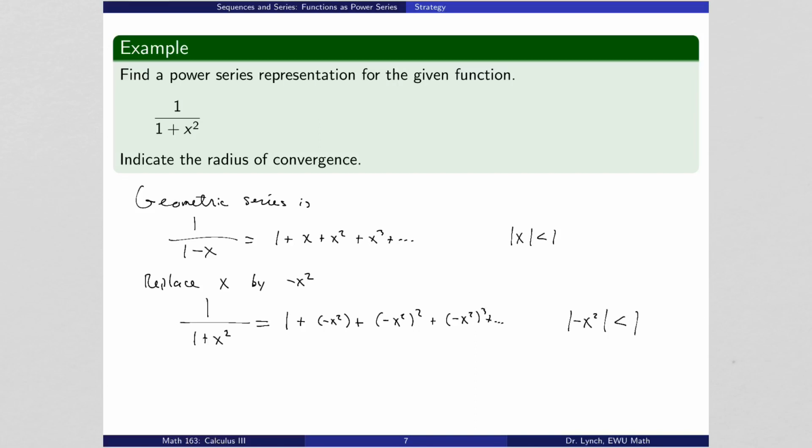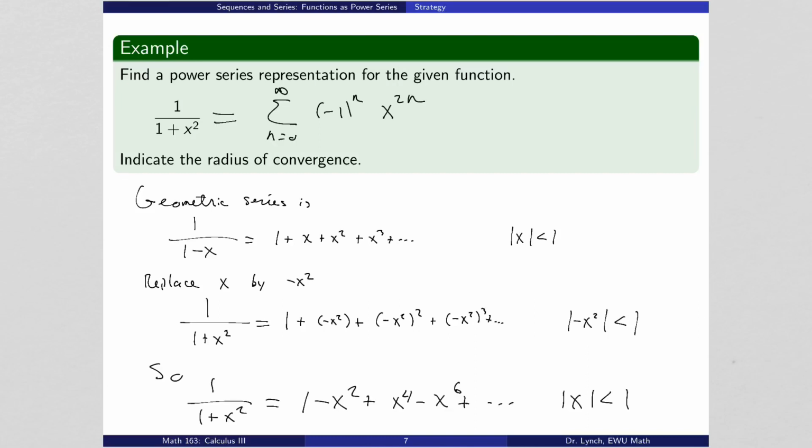And of course, having negative x squared in absolute value less than 1 is the same as having a radius of convergence 1. So here's a perfectly good summation notation formula for it. The sum n equals 0 to infinity of minus 1 to the n times x to the power 2n, and of course the radius of convergence is 1.